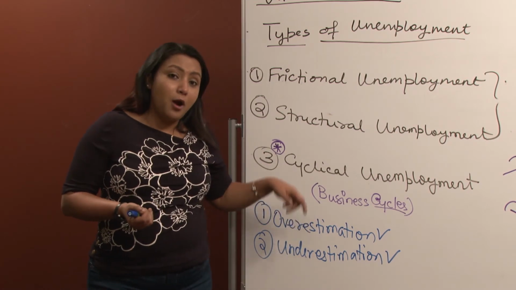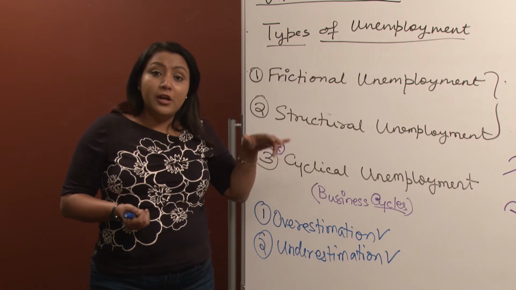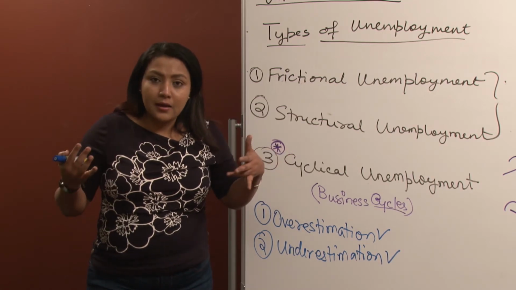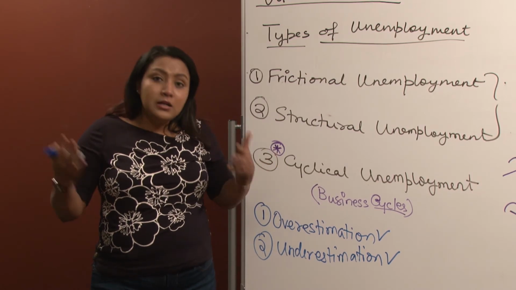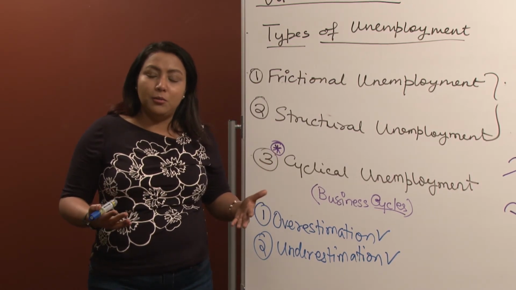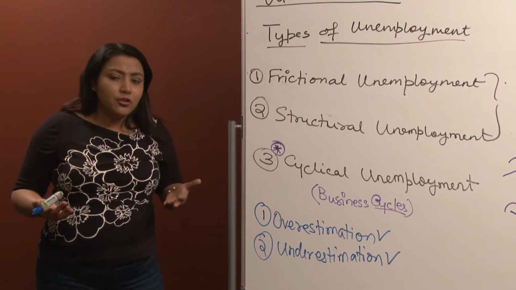Similarly, there may be a problem of understatement. The unemployment rate may be really very high, and must be even higher, but it is giving you an understated picture of the real problem. And that could happen due to discouraged workers.